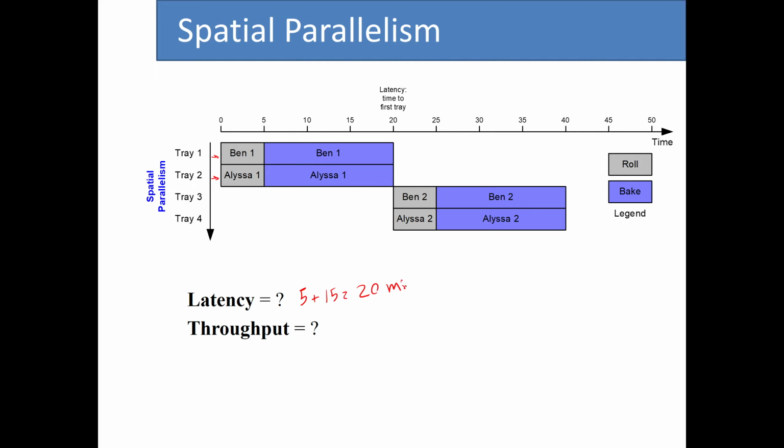So the latency is still 20 minutes. However, since now we have two baking stages and each one can bake 3 trays per hour, we have 6 trays per hour as the throughput for this baking procedure. As you can see, using spatial parallelism, we were able to increase the throughput.